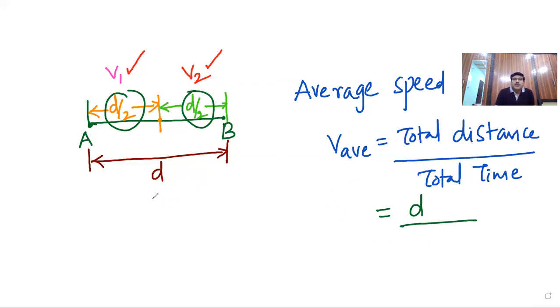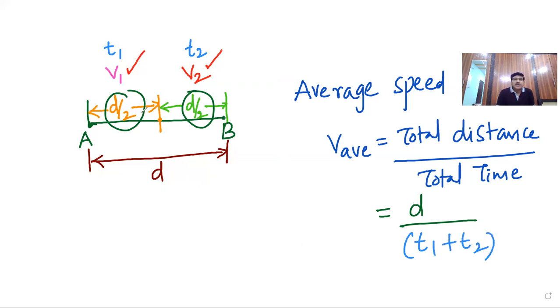Total time, we don't know. Let us say the first half, D by 2, is covered at a speed of V1 and the time taken is T1. The remaining second half, D by 2, is covered at a speed of V2 and the time taken is T2. That means the total time is T1 plus T2.